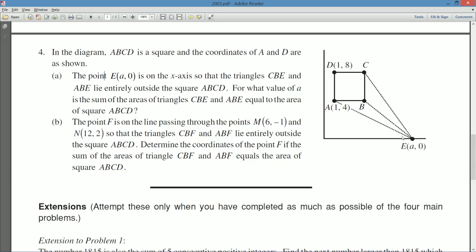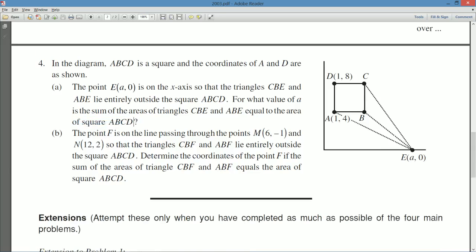Alright. So we've got a square, and now what does question A say? The point E, which has x-coordinate A and y-coordinate 0, so it lies exactly on the x-axis. So we have the point E so that CBE and ABE, these are triangles, lie entirely outside the square ABCD. For what value of A, they say value, not values, is the sum of the area of the triangles CBE and ABE equal to the area of the square ABCD?